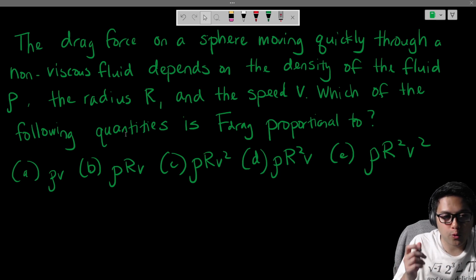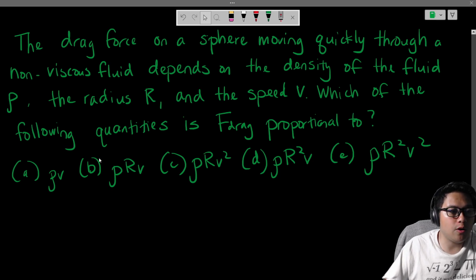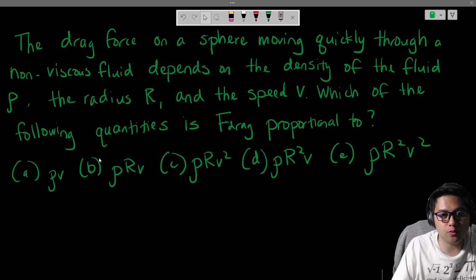And so we're going to have to do basically the same thing we did before, writing out all of the different variables, determining their units, and setting them equal to the units of the drag force.